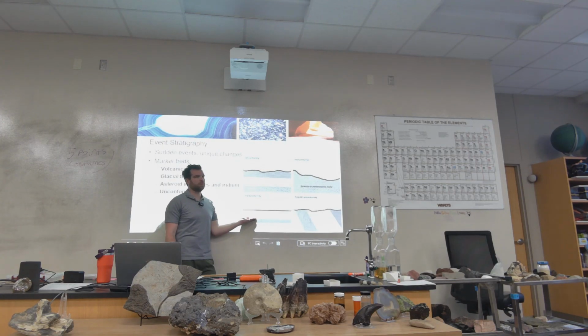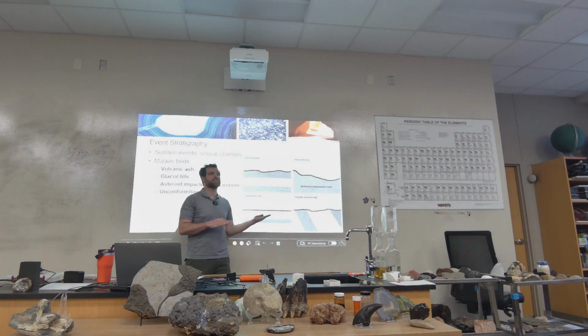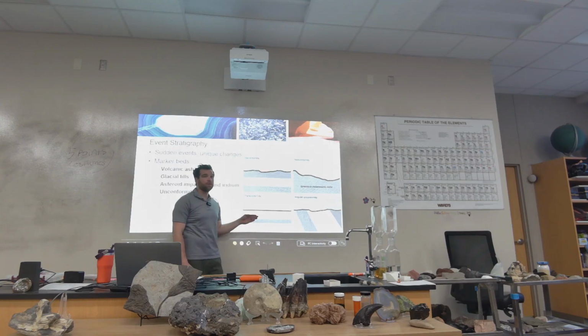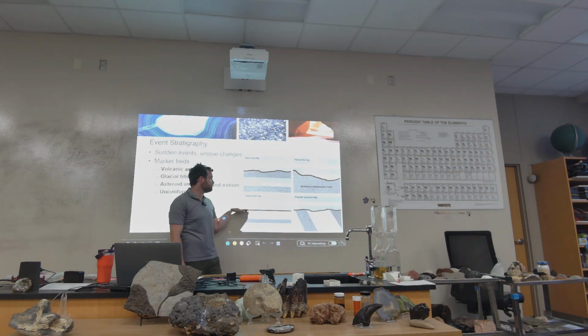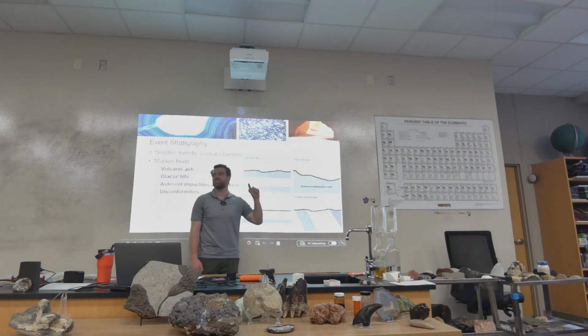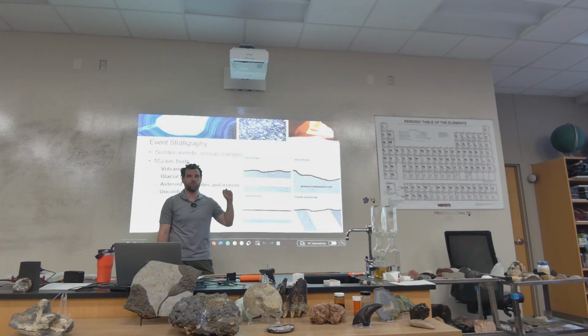What if this is the bottom of a lake, right? And then that lake dries up. And then nothing gets deposited on that surface for 1,000,000 years. And then deposition picks back up again. There's going to be a 1,000,000 year difference in time between that layer and that layer. That missing time is called a paraconformity.